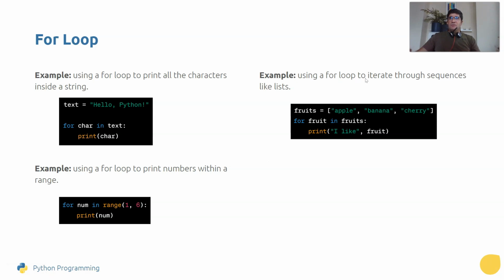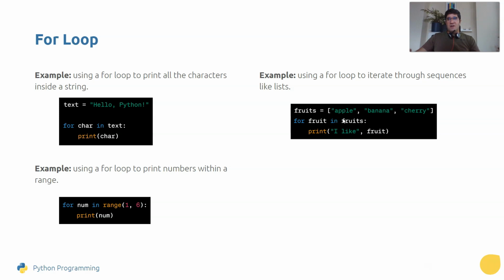Using a for loop to iterate through sequences like a list. If you have a list, for example, in this case, we created a list of fruits. We call the list fruits: apple, banana, cherry, and then we want to print a message using each element.